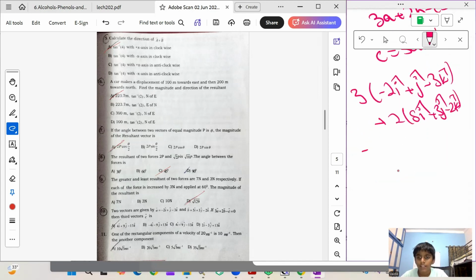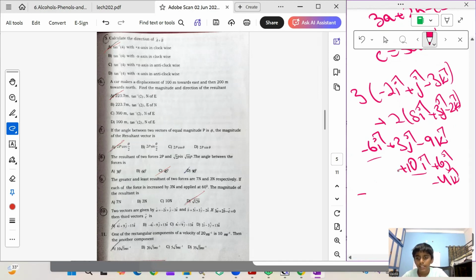It is minus 6i cap plus 3j cap minus 9k cap plus 10i cap plus 6j cap minus 4k cap. Here 10i cap minus 6i cap is 4i cap, and 6 plus 3 is 9j cap, and minus 9 minus 4 is minus 13k cap. Option A.